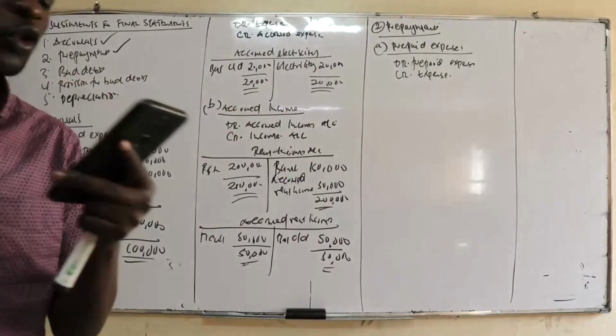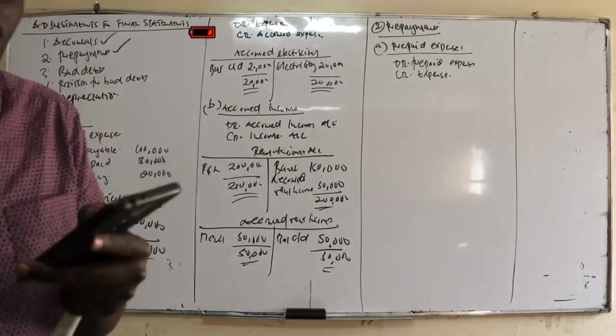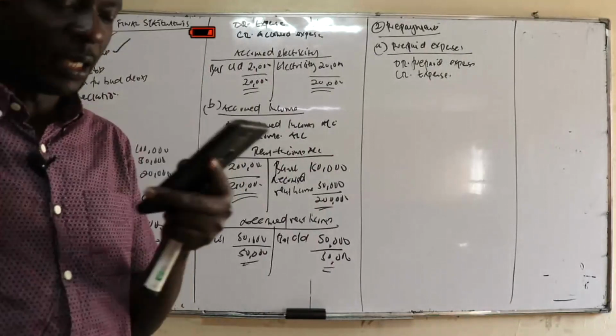The total amount paid was 120,000, with 20,000 being payment for the year 2010. So in 2009, the total amount supposed to be paid for wages was 100,000, but they paid 120,000, 20,000 being for the year 2010. So you need to adjust that.